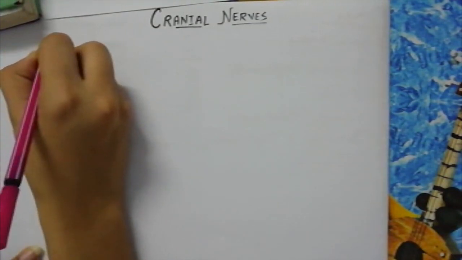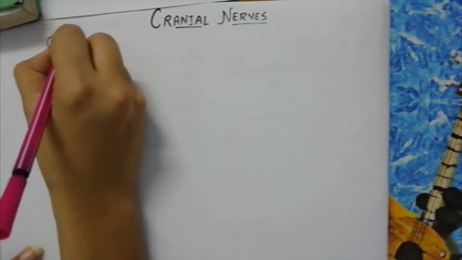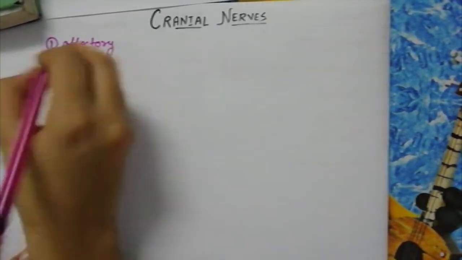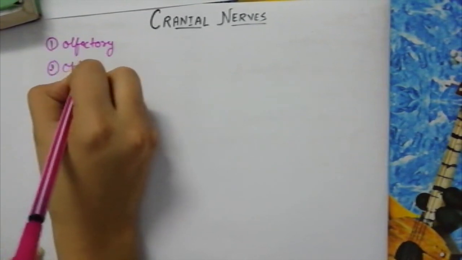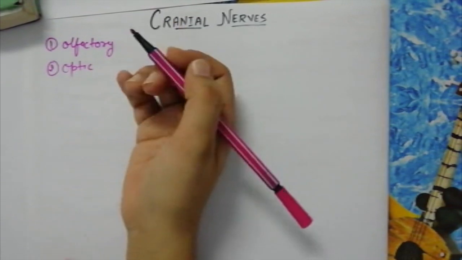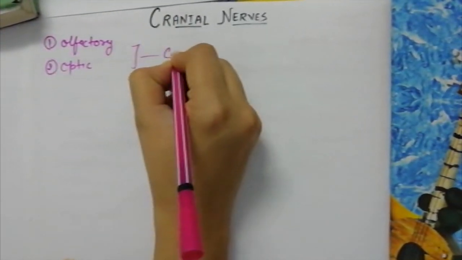So first, olfactory, second, optic. These two nerves are related to the cerebrum.